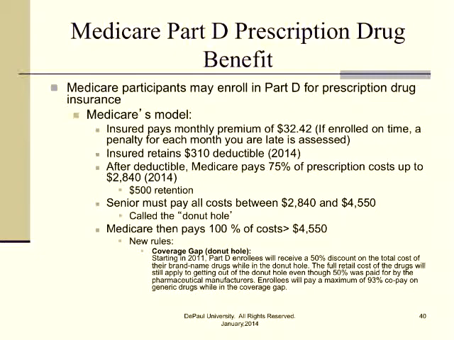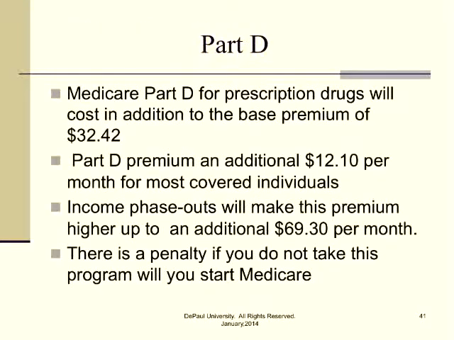You retain the first $300, $310 of expenses, and after that, they're going to pay 75% of the next $2,840 until you hit what's called the donut hole, and then they pay nothing until you've gotten to your maximum. So people are upset about it, but again, you're not going to get tested on anything other than remembering that Medicare Part D is for prescription drugs outside of the hospital, and it covers it with certain restrictions.